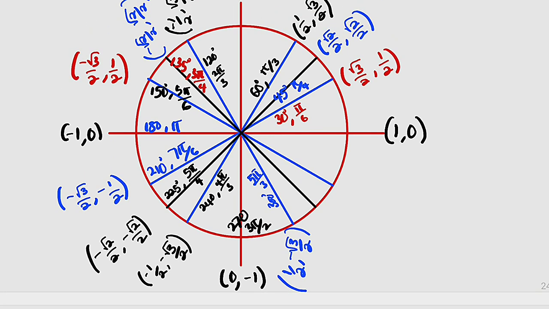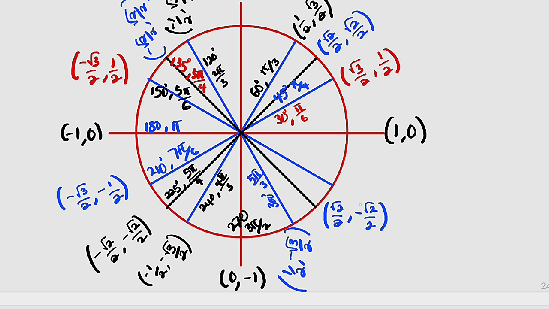Then the next angle will be what? 315 degrees. And 315 degrees has what coordinate that will correspond to this? One is positive, the other will be negative. So it will be root 2 divided by 2, comma, negative root 2 over 2, which is a reference of 45 degrees.